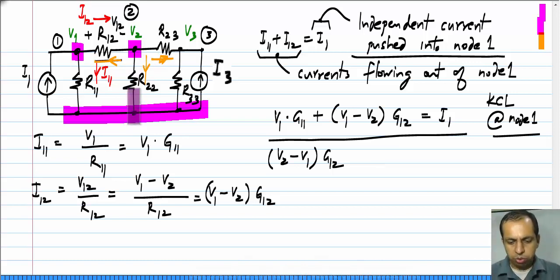The current through R22 is nothing but V2 times G22, because V2 appears across R22. And finally, the current through R23 is V2 minus V3 times G23.